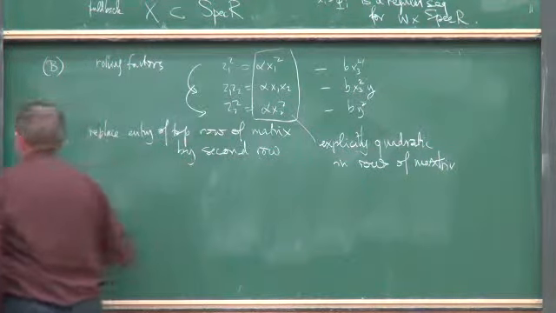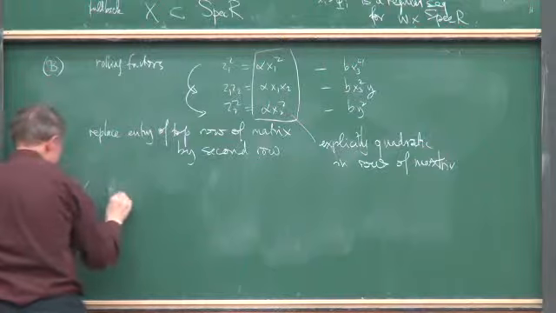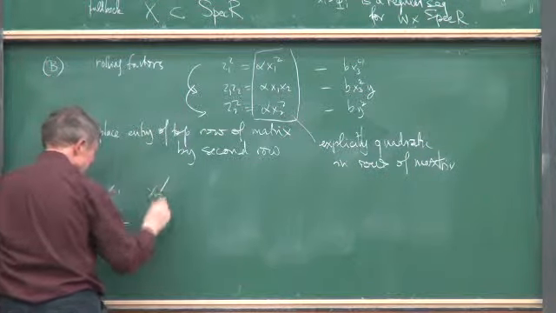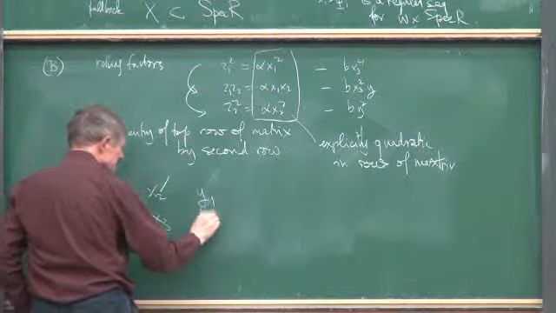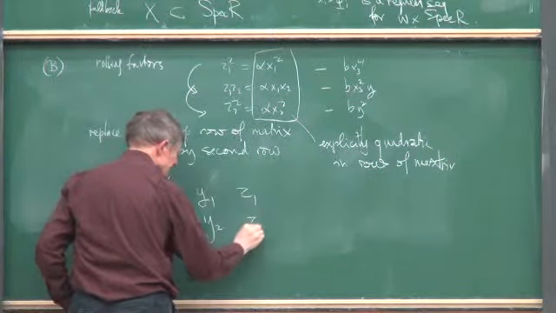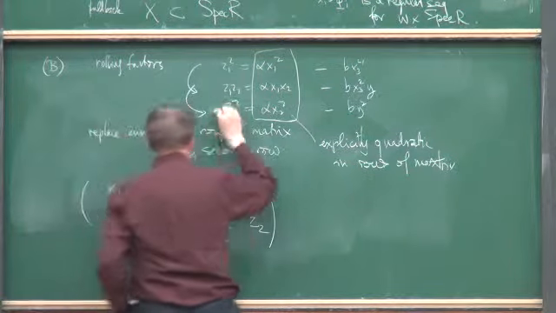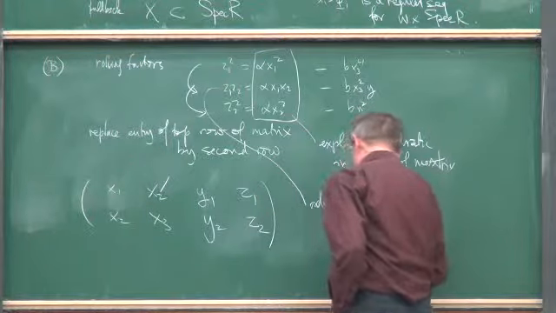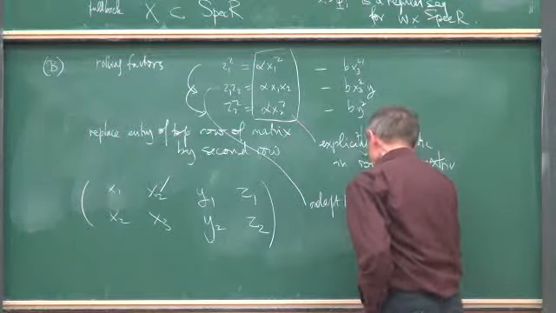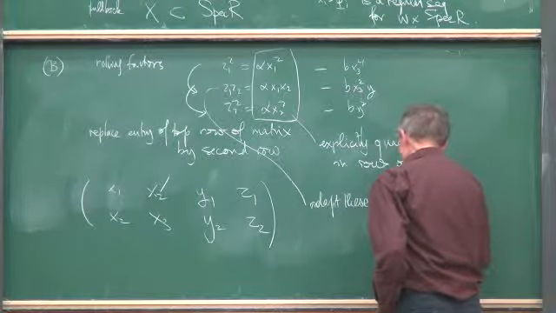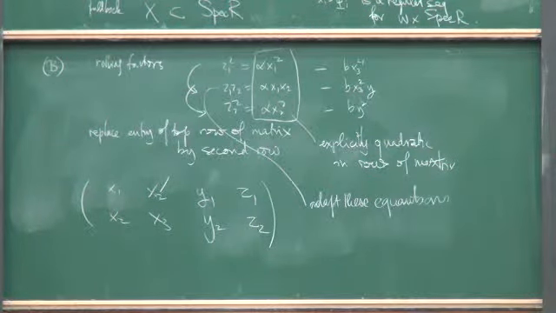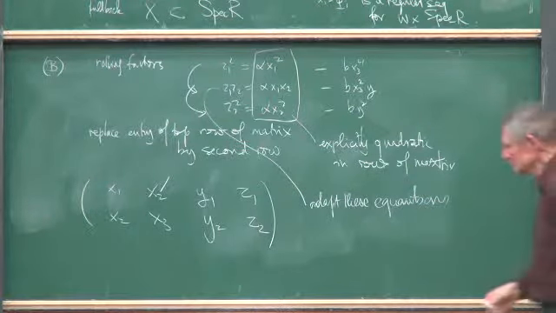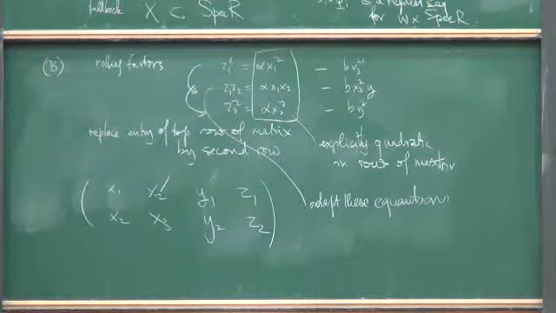Right, and this means I can just take my matrix there and replace them by x1, x2, x2 primed, x3, y1, y2, z1, z2, and then adapt these equations. So now before you had just one y, now you have y1 and y2. So I'm just replacing the entries in the matrix by generic entries.